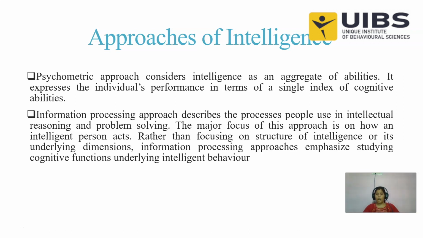Rather, they focus on how an intelligent person acts, how people use reasoning and problem solving skills. So the information processing approach focuses on the underlying cognitive functioning, how the cognitive processes function when people behave. So that is the information processing approach.